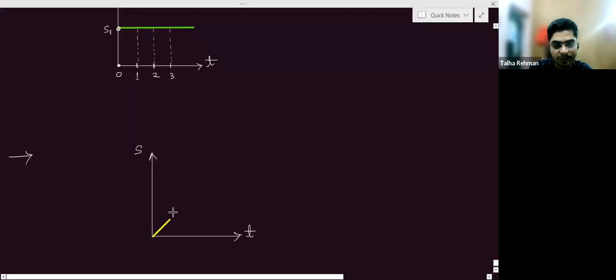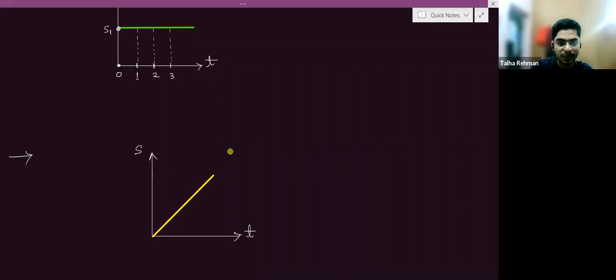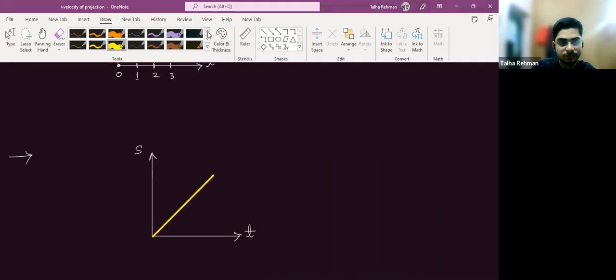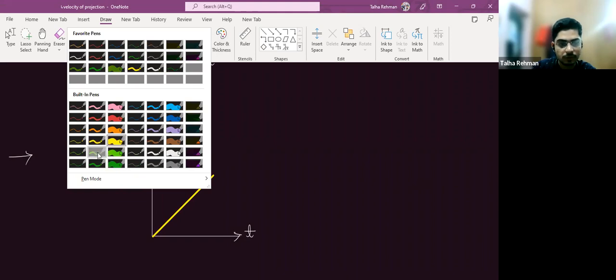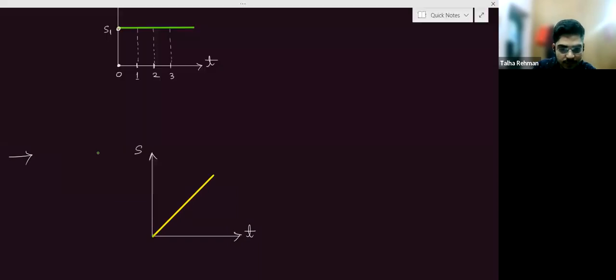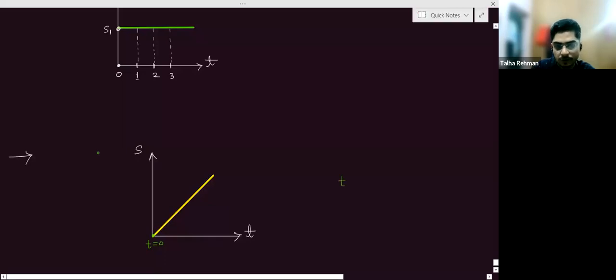This is a very interesting case. Suppose this is t is equal to 0. I have told you, t is equal to 0 means initially.